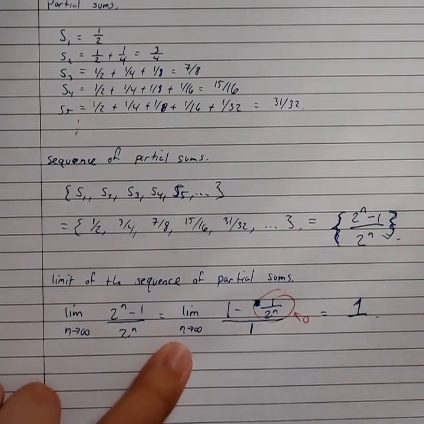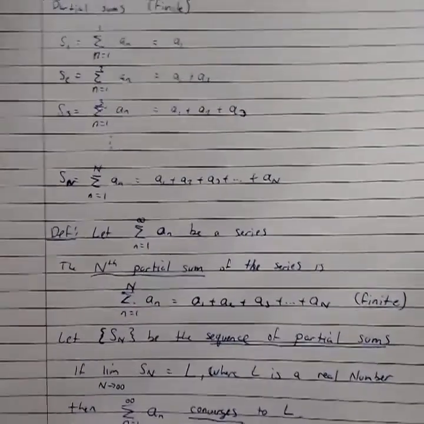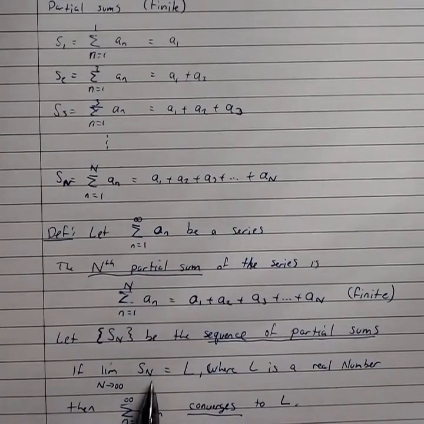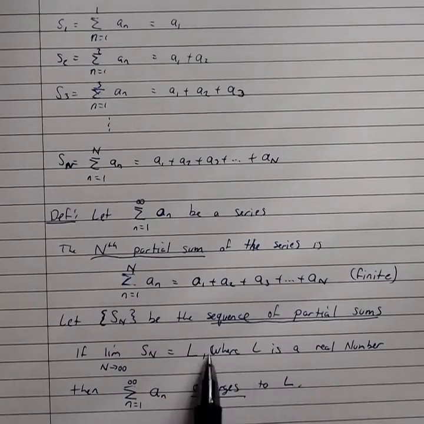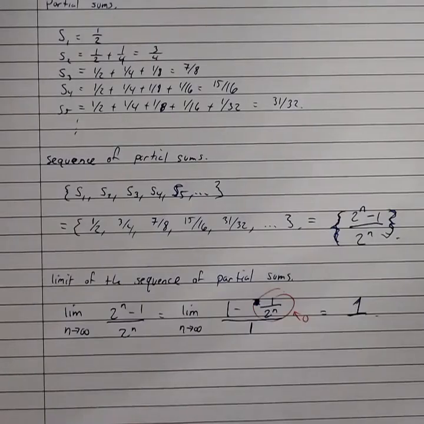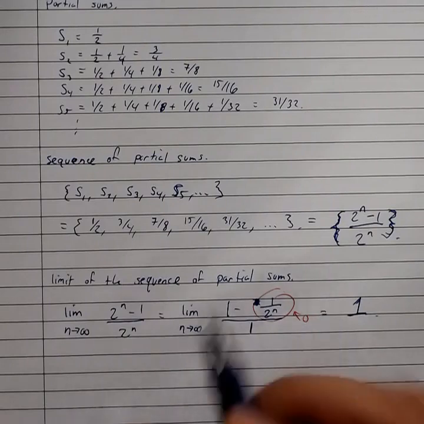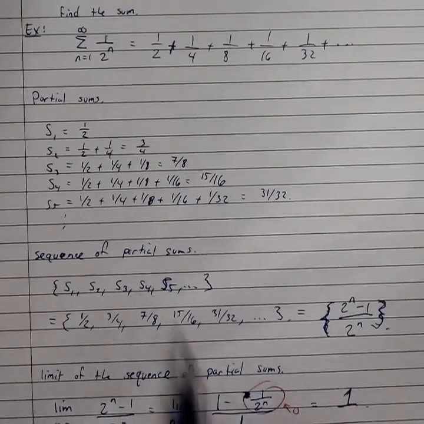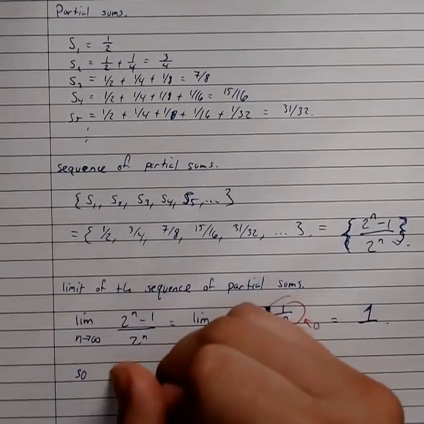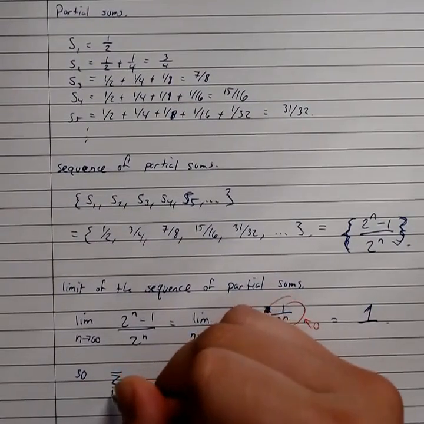But by our definition, if the limit of the partial sums is equal to L, and as long as L is a real number, doesn't matter what it is, then we say that the infinite series converges to that L. So here, we found that the limit of the sequence of partial sums is equal to 1. So by the definition of what the sum of an infinite series is, that means that the sum as n goes from 1 up to infinity of 1 over 2 to the n, that was our original problem, is going to equal the limit of the partial sums, which is equal to 1. And so our series converges.